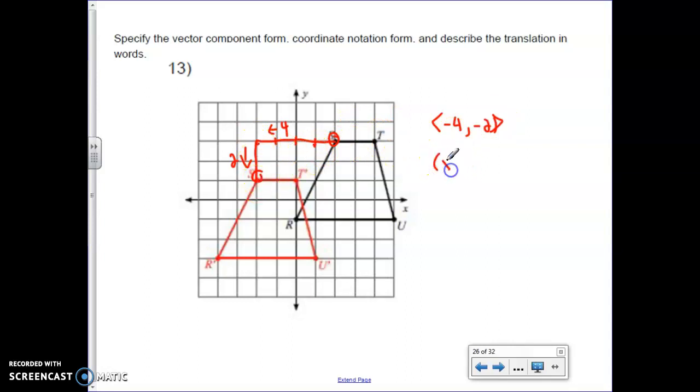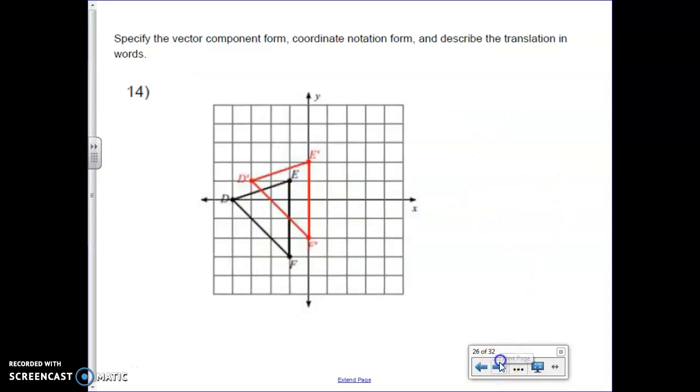In coordinate notation then, I would say (x, y) goes to (x - 4, y - 2). Or I'm going left 4, down 2.